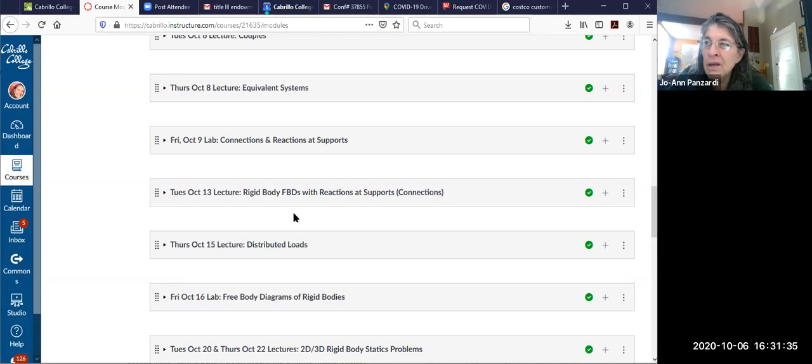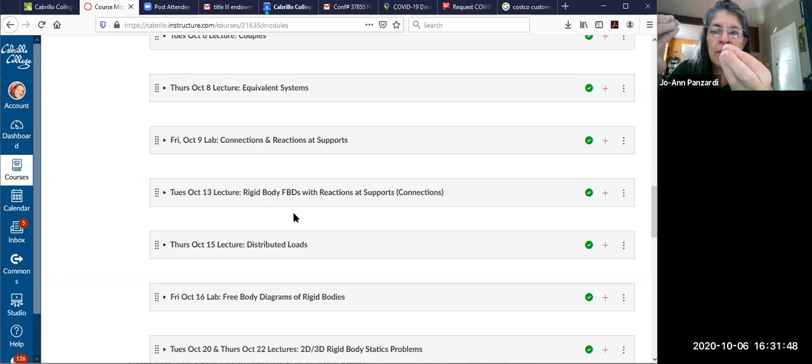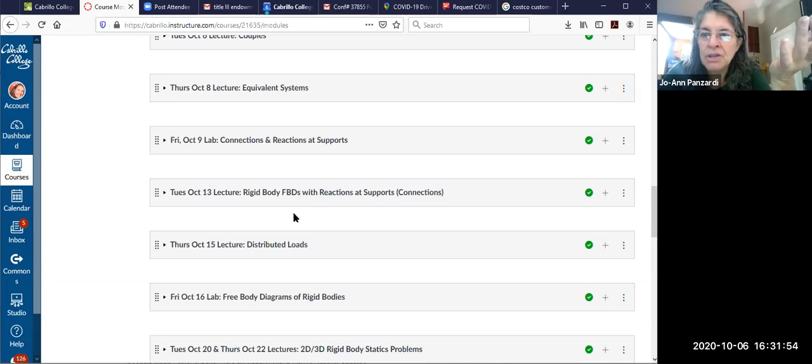We've only done 3 rigid body free body diagrams so far. So now what we're trying to do is we're taking all these forces that were on a point and now adding other forces that are in other locations, drawing free body diagrams of rigid bodies, and then solving the statics problem using the steps again.